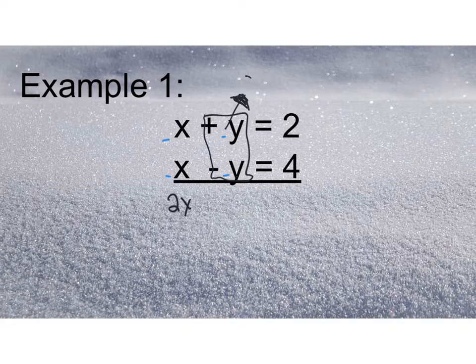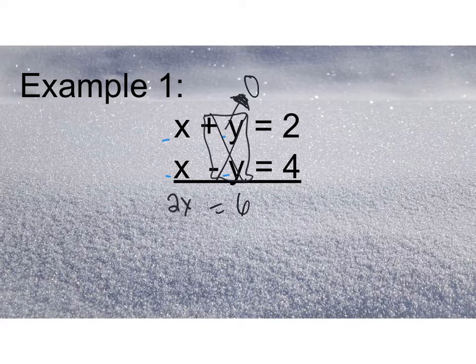And that is the whole goal of the elimination method, to figure out what we can cancel out and to figure out where we can eliminate our coefficients and make the y or the x opposites. So this will become 0, and so our y's are gone. And then what is left is 2 plus 4 equals 6.